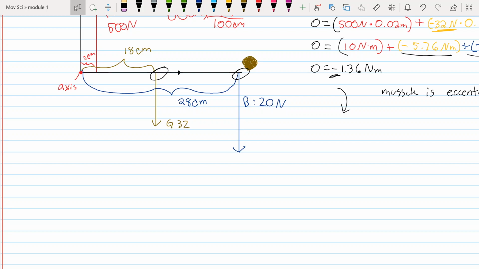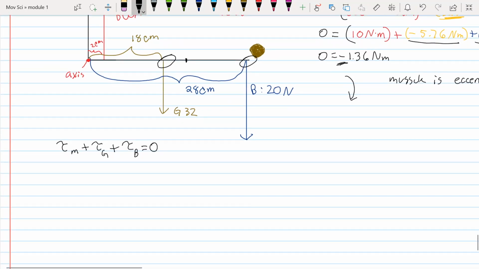So let me explain. If you've got the torque of your muscle plus the torque of gravity plus the torque of the ball equals 0, that's when we can actually calculate the mechanical advantage here, because we've got two different forces going down.